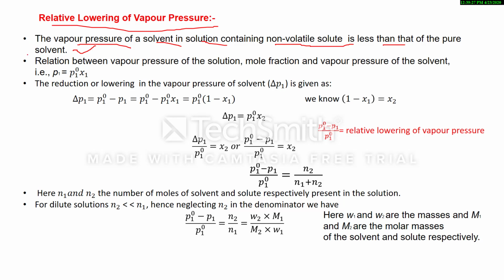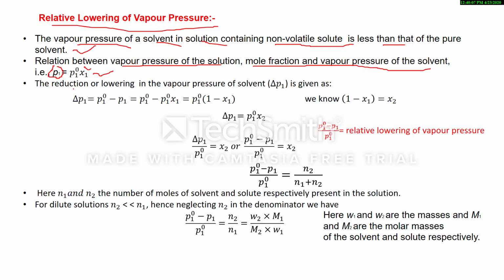For such a solution, the relation between vapor pressure of solution, mole fraction and vapor pressure of the solvent is given by Raoult's law, that is P1 = P1° x1, where P1 is the vapor pressure of the solvent in the solution containing non-volatile solute, P1° is the vapor pressure of pure solvent, and x1 is the mole fraction of solvent. And as we know, P1 is lower than P1°.